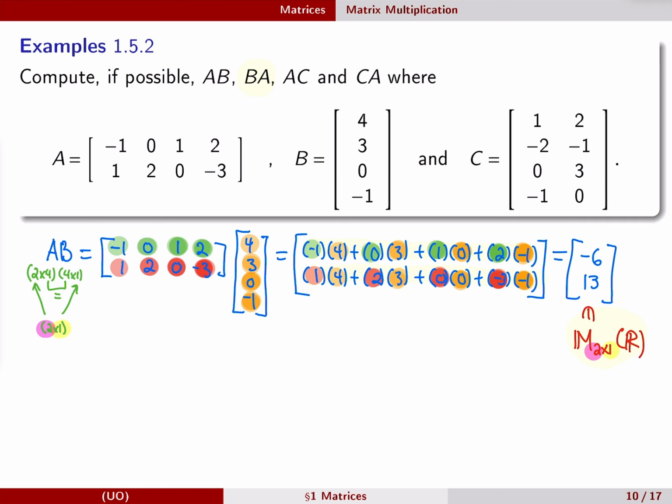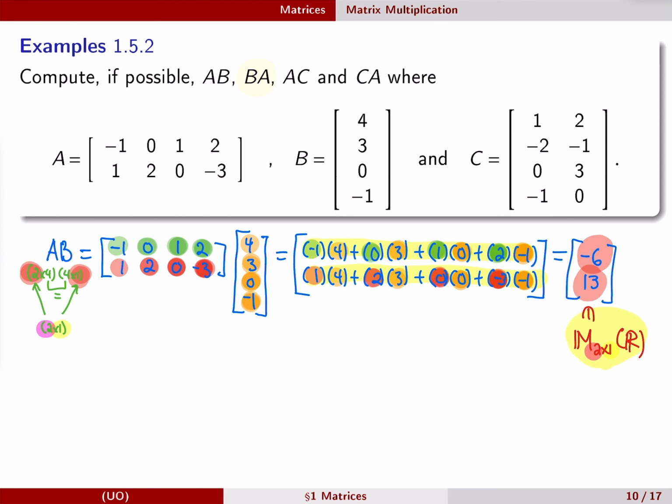And then if you do the math, you're getting minus 6 for the first computation on the first row, and you're getting 13 for the second computation. And you can see again here that the final answer is a 2 by 1 matrix. So I know I've done my math correctly.